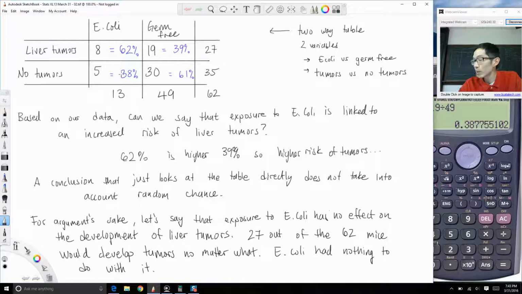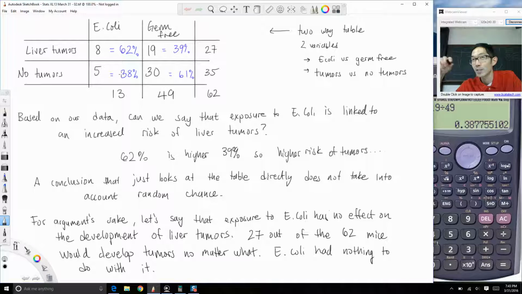Probability will almost never say that it's impossible to happen, because if it could happen, there is a non-zero probability associated with it. But what we can say is that the probability of this happening from random chance alone is really, really small. And therefore, I don't think it happened from random chance.